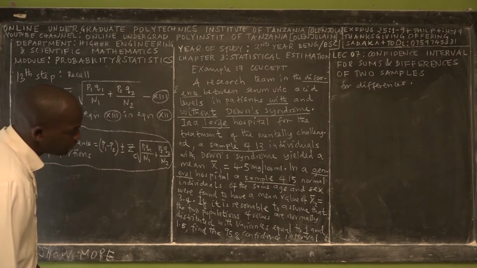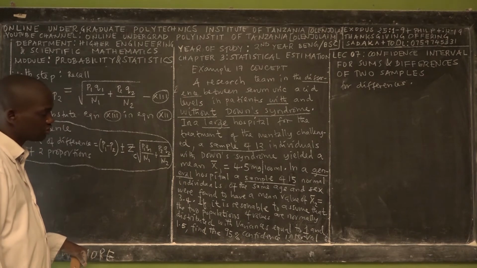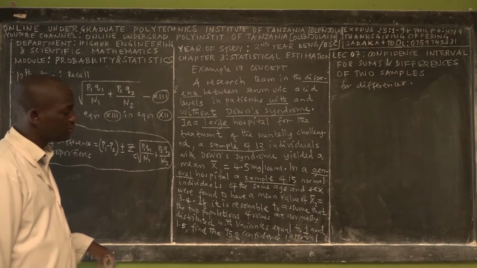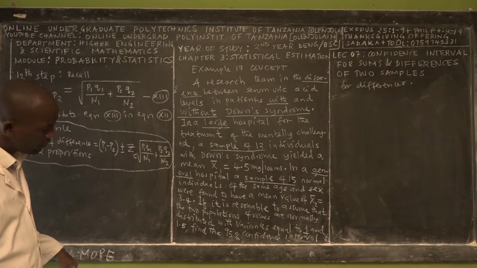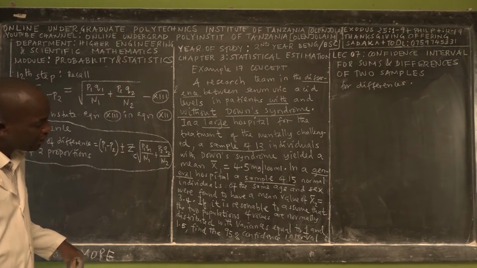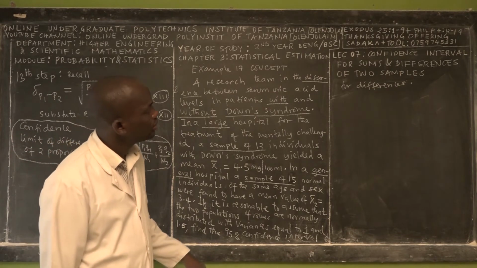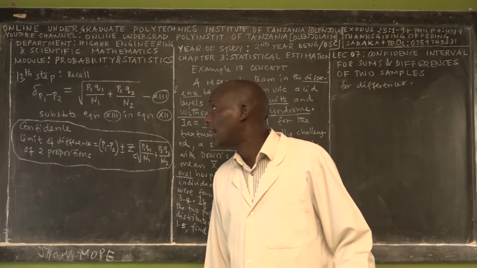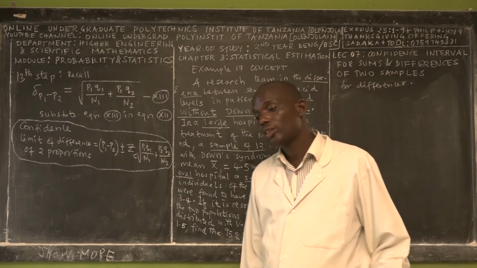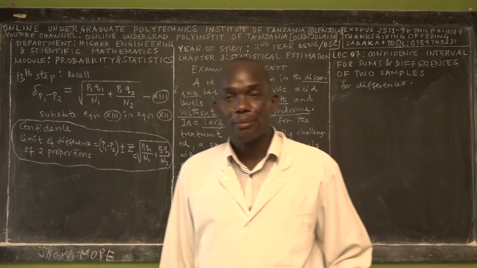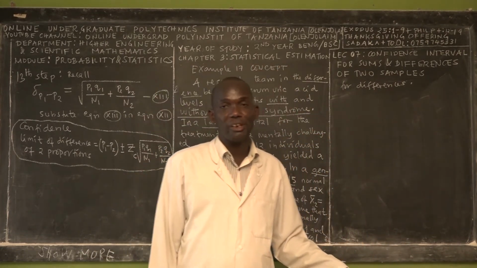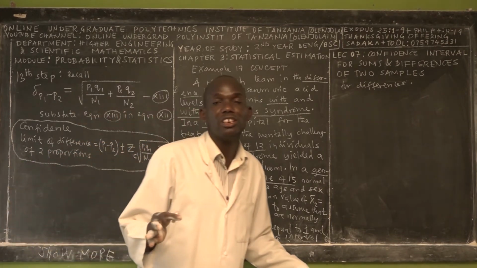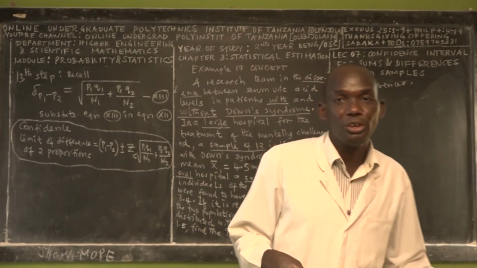If it is reasonable to assume that the two populations of values are normally distributed with variances equal to 1 and 1.5, find the 95% confidence interval for differences. This combines the difference of sampling distributions of means with statistical estimation.